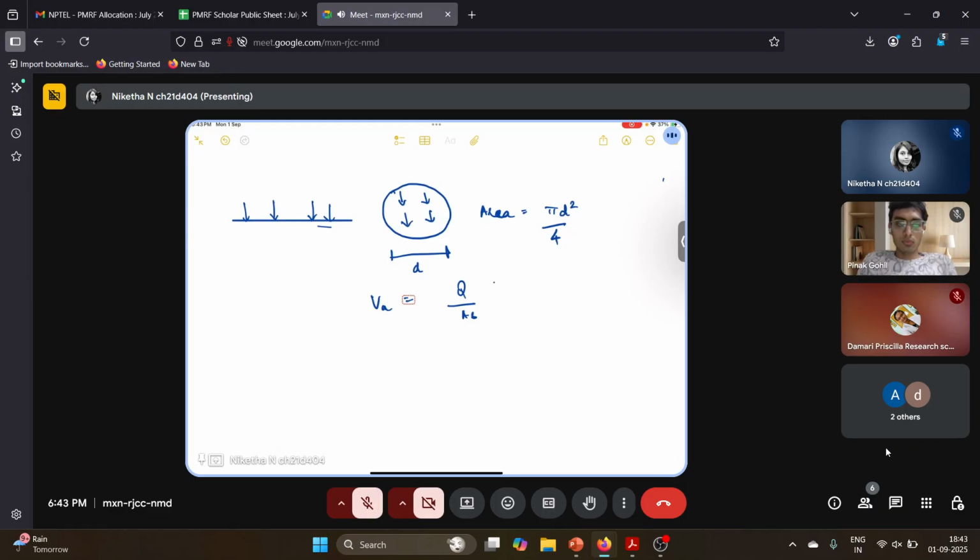That is why we take Q as meter cube per day. And for surface area, the formula is already there. Whatever area of the filter is there, you have to find out. When we divide these two, this is in meter square, so this is going to be meter cube per day per meter square.